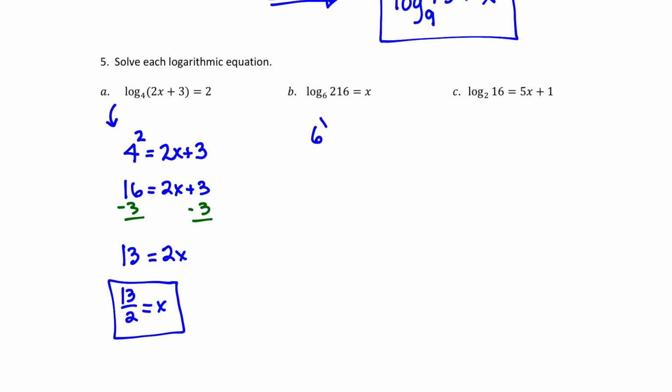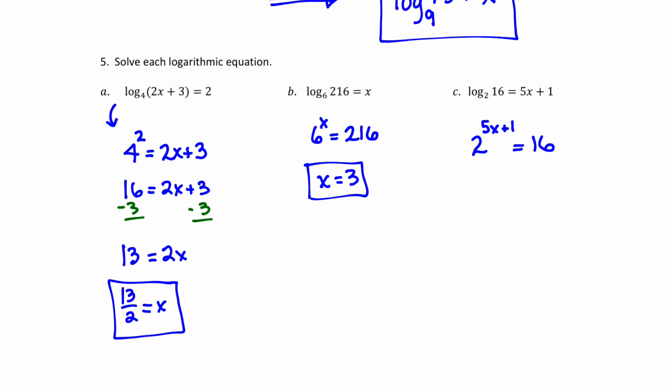The next one, 6 to the x is 216. 3. Oh, 6 cubed is 216? Oh, nice. How about that last one? It's 2 to the 5x plus 1 equals 16. How did you solve it? Blake, what did you do?